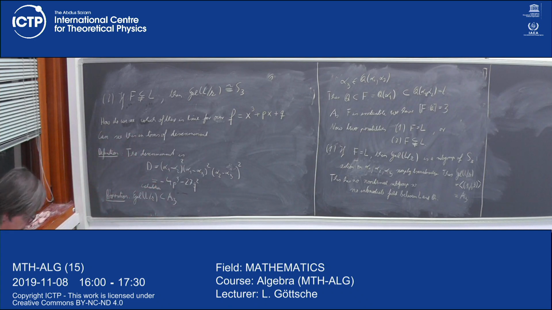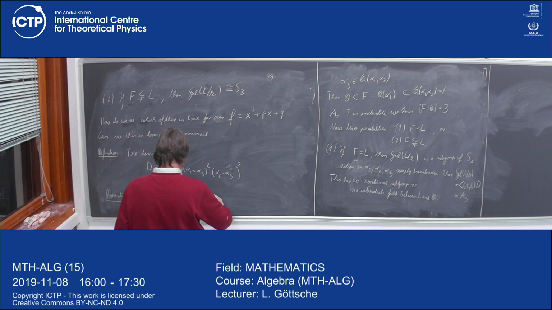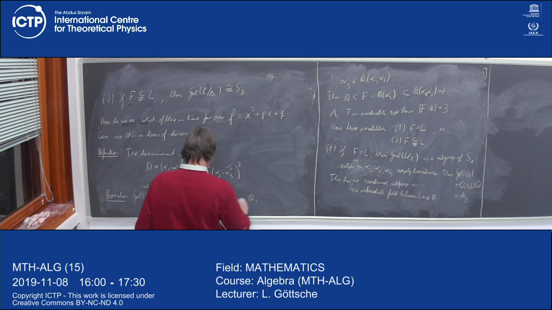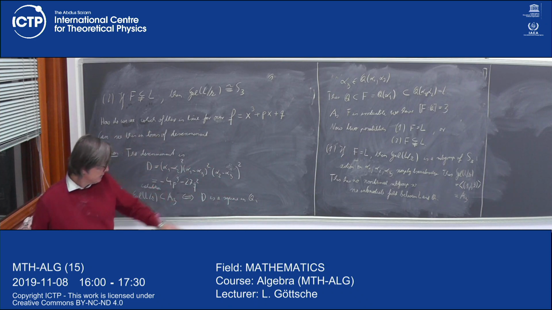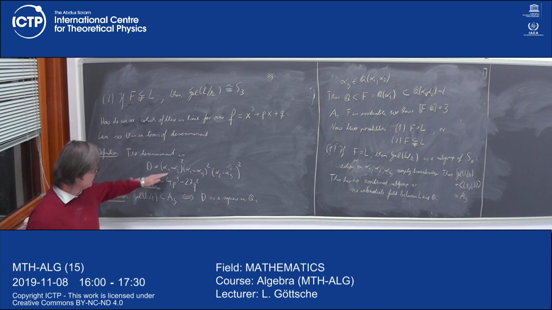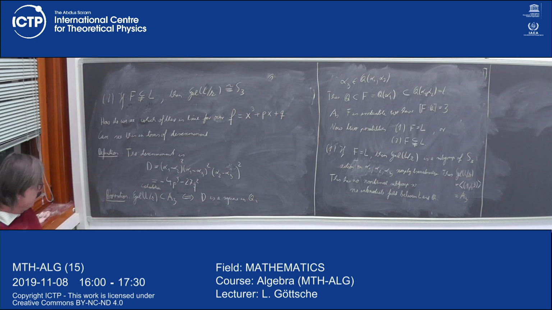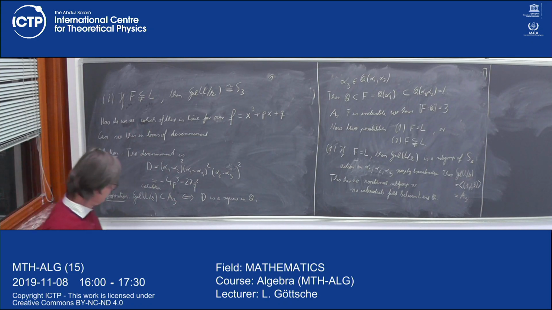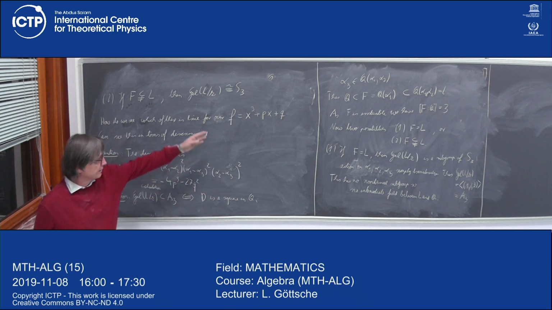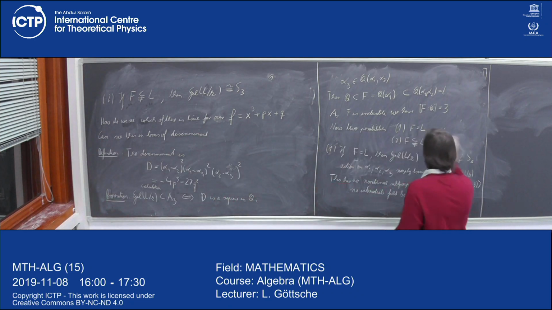So we have a degree 3 field extension if and only if D is a square in Q. So if this number is a square of a rational number, then the Galois group is this. We have written this as a square of these roots, but anyway, this is the thing. And so you have a very simple criterion to check. You write down the polynomial, you compute this, and you can see which of the two is true.